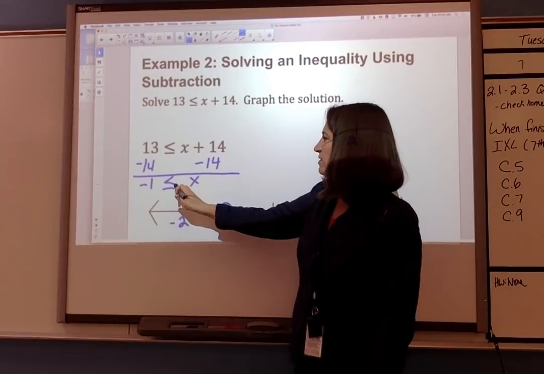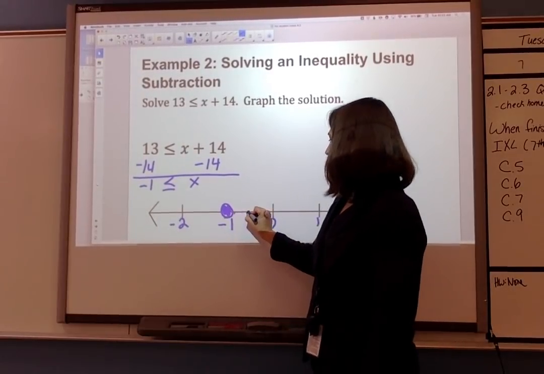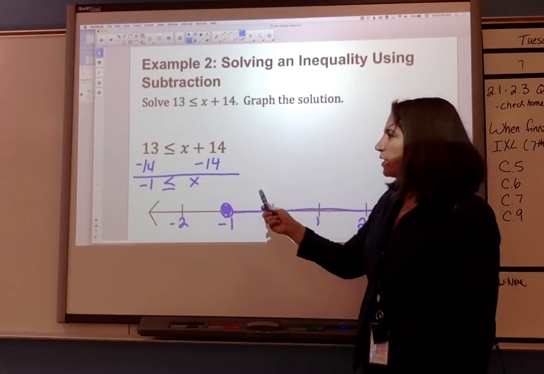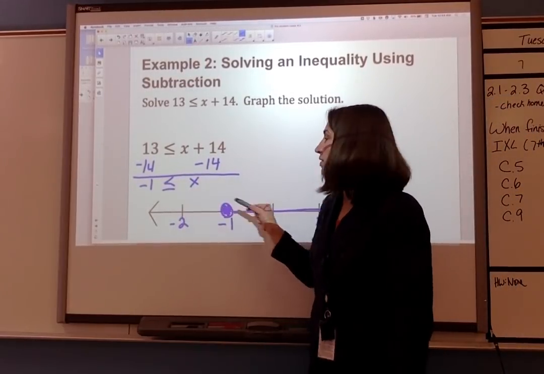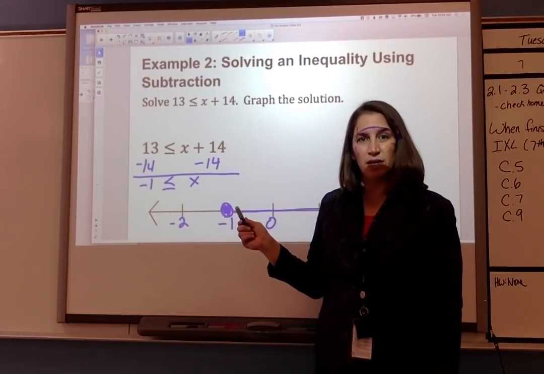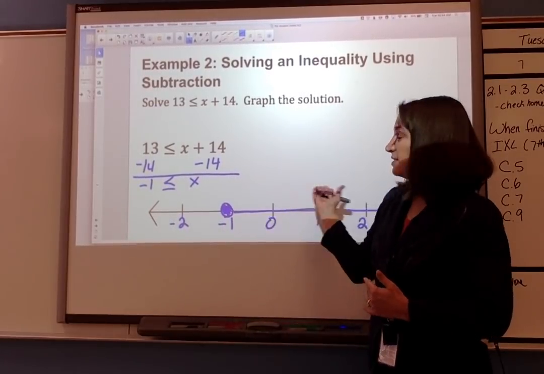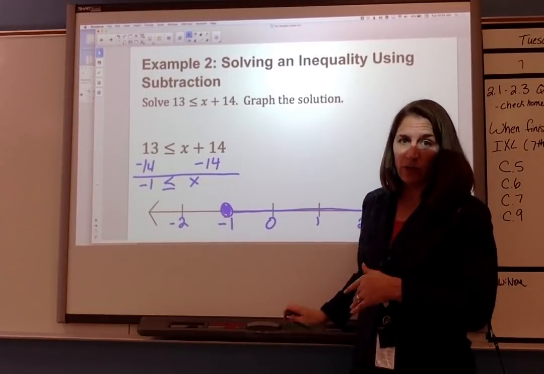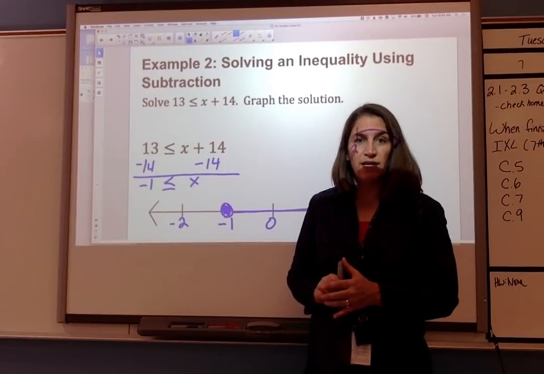And we know that x is greater than or equal to negative 1, so that means we're going to shade this direction. Sometimes we look at this and see the less than symbol and think we're shading this direction, but because we have x on the right side of the inequality, that means in this case we're actually shading to the right. But we do want to check on this, especially when we have the variable on the right side of the inequality.